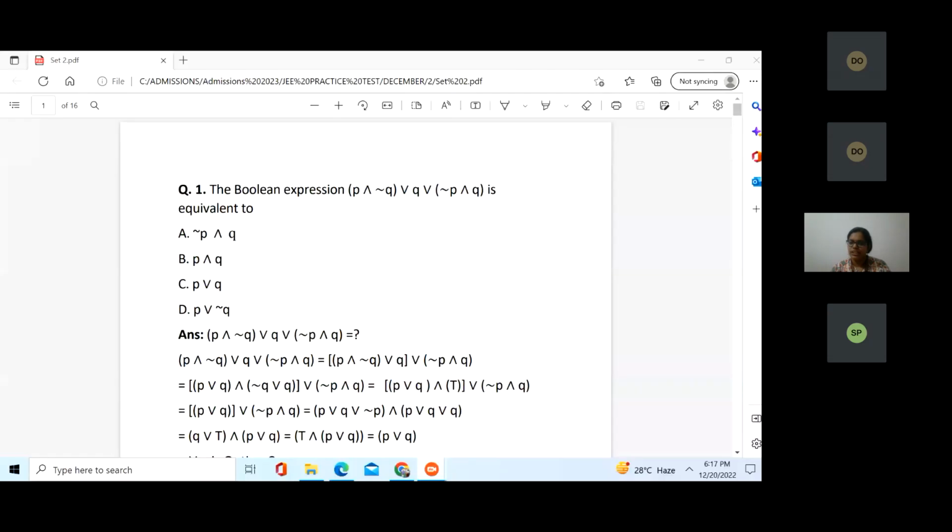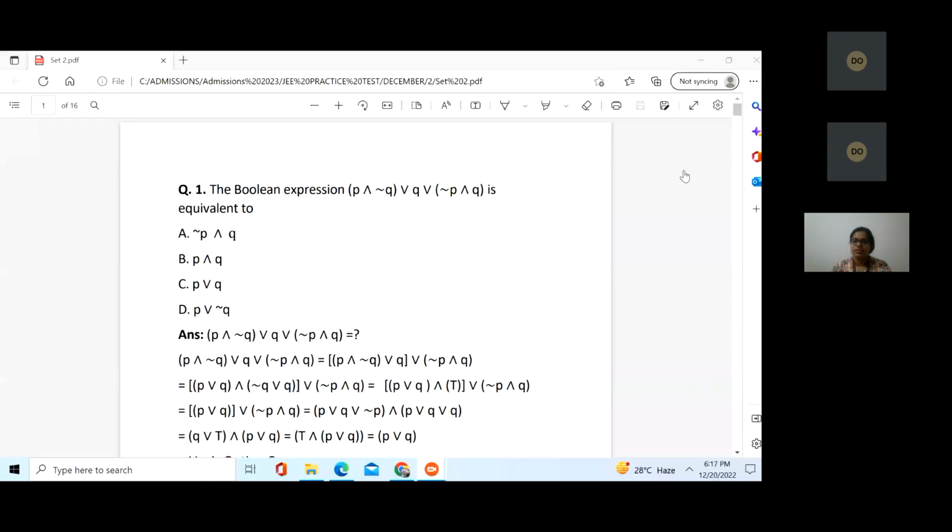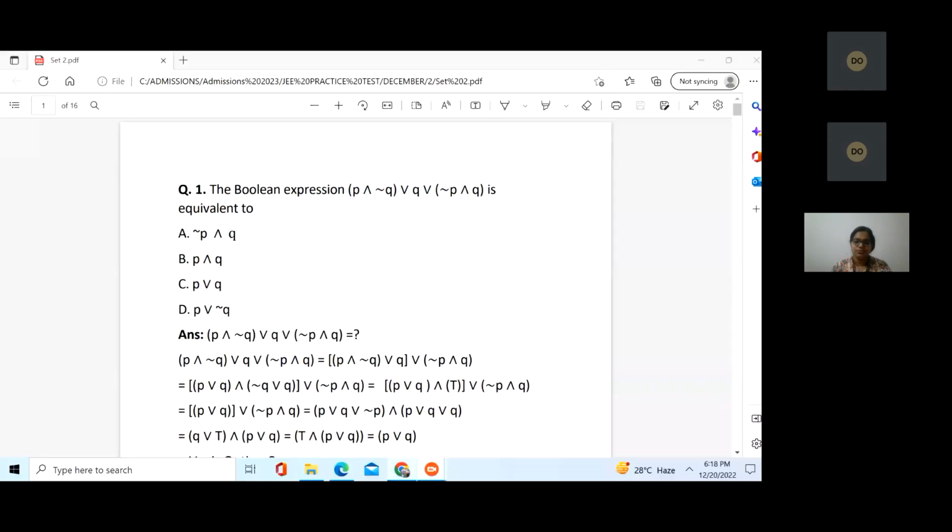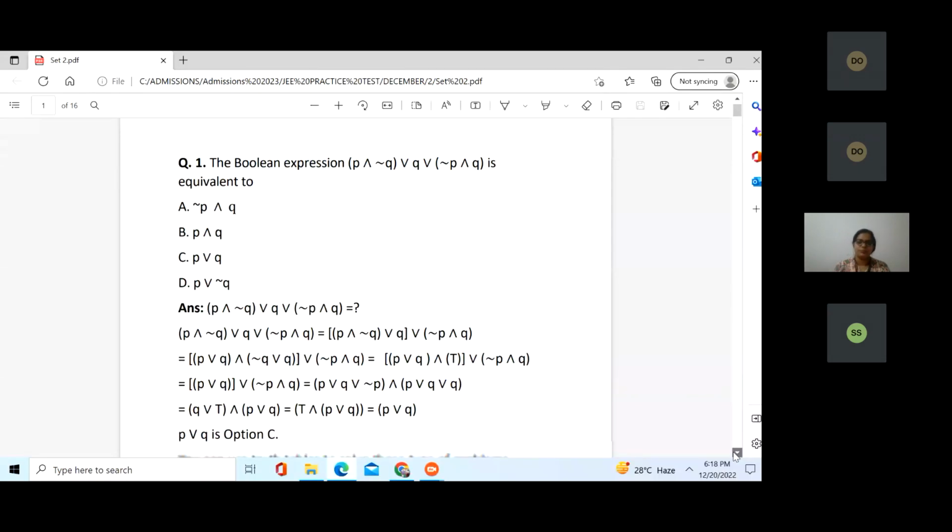So Pratiksha, have you completed the problem? Students, please try to respond in the chat box so that I'll get an idea about the status, whether you have started doing the problem. Yes, so I think we can start discussing.